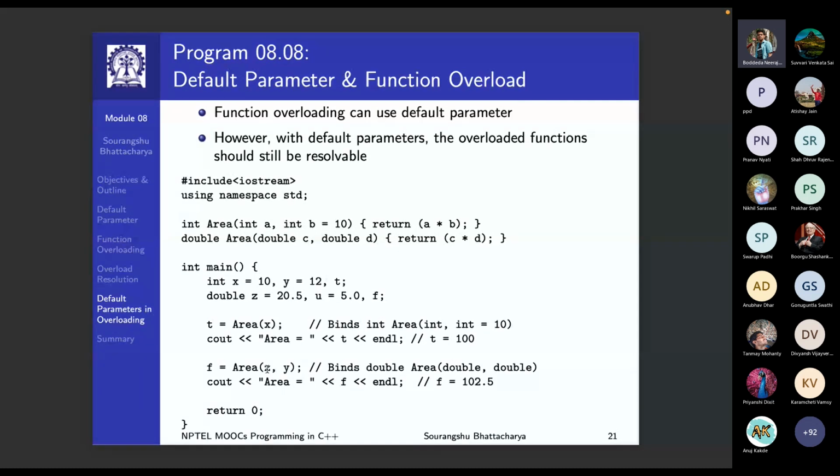So it could do a standard conversion of double to int, or it could do a conversion of int to double. In this case it prefers this int to double conversion, and hence it binds to the second definition of the function. Clear?